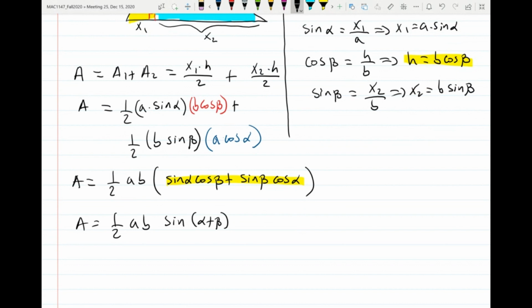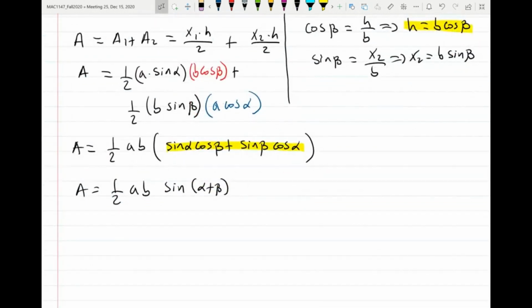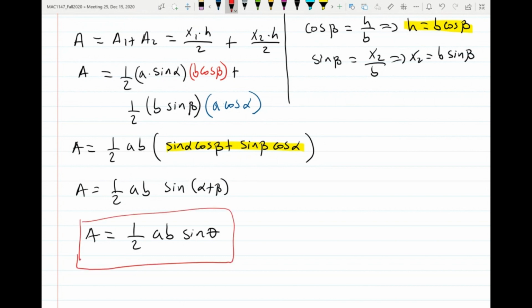If you want, flip the cosine with the sine, and you have cosine of alpha sine beta. That's the same thing. And alpha plus beta is nothing more than theta. So moral of the story: the area of a triangle, if you know two sides and the angle in between, is equal to 1/2 AB times the sine of the angle.